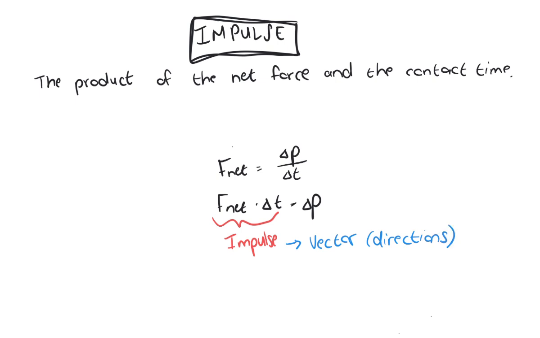They can ask you questions where you can answer them using this equation, but they can also ask you questions on everyday examples of this impulse momentum theorem, and we're going to look at one or two of those.